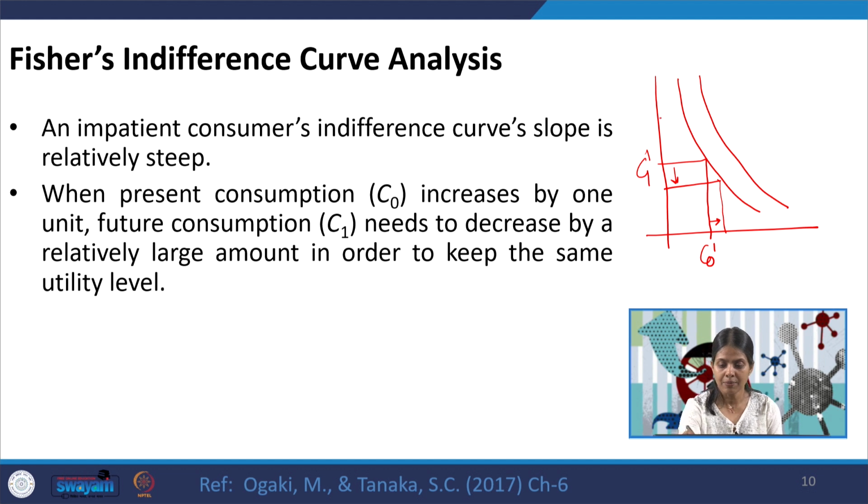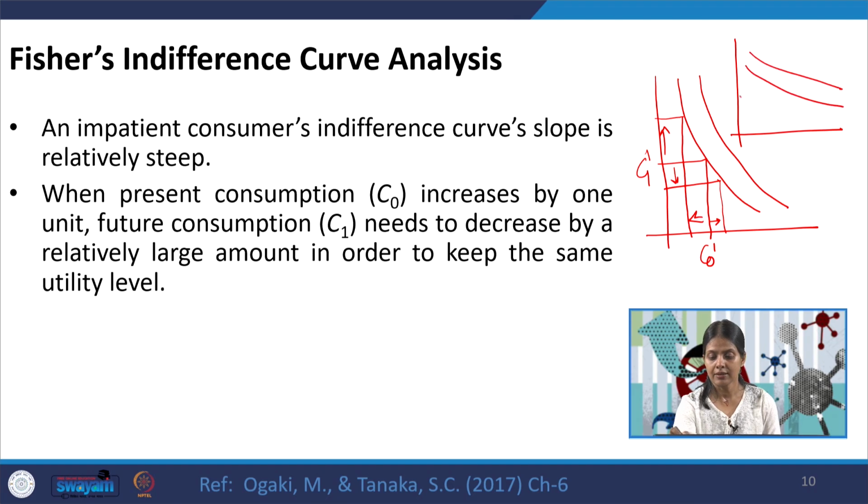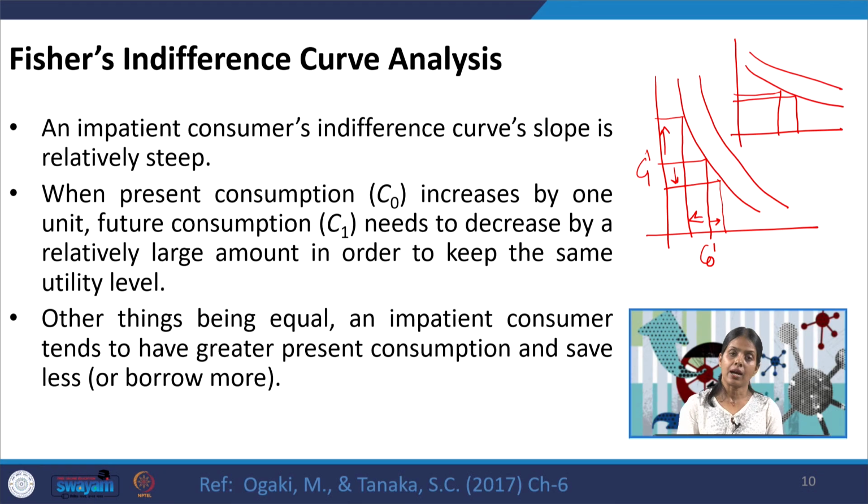Similarly, if I had begun from somewhere here, you can see that the changes are even larger. So, these are the cases of impatient individuals. On the other hand, if my indifference curves are relatively flatter, then when my consumption increases by 1 unit, future consumption decreases less than proportionately. Other things being equal, an impatient consumer tends to have greater present consumption and save less.